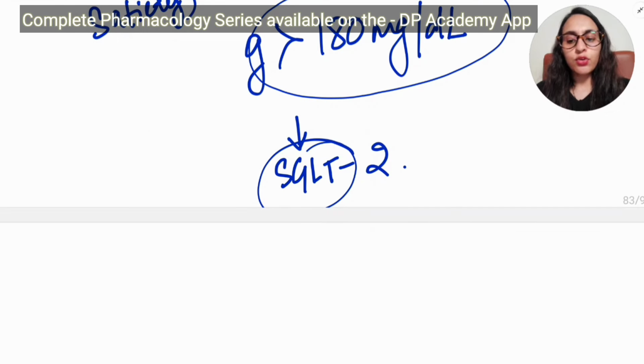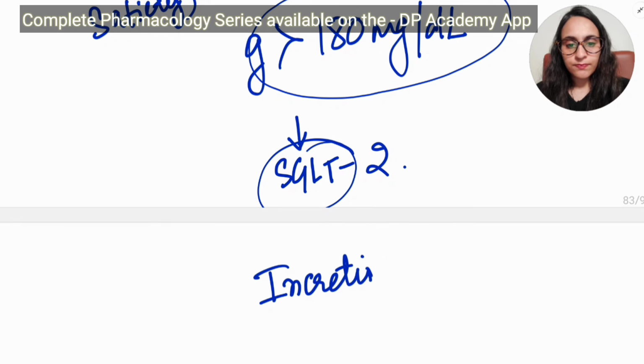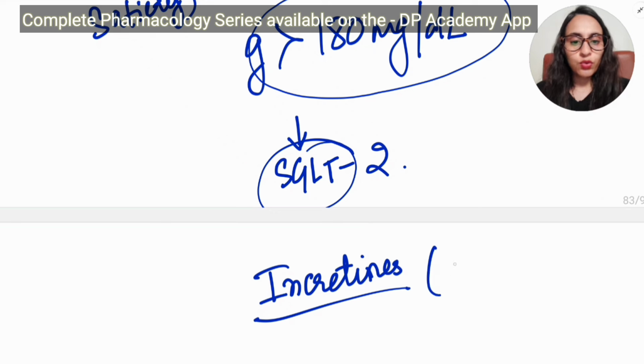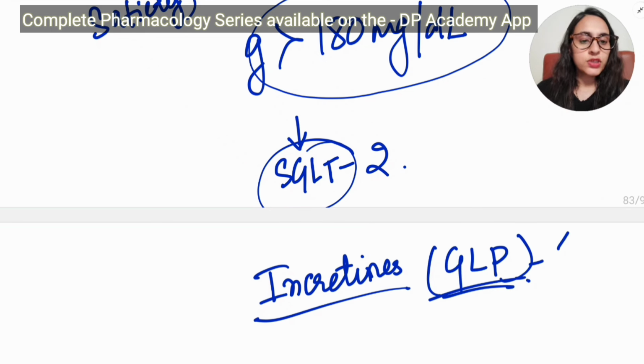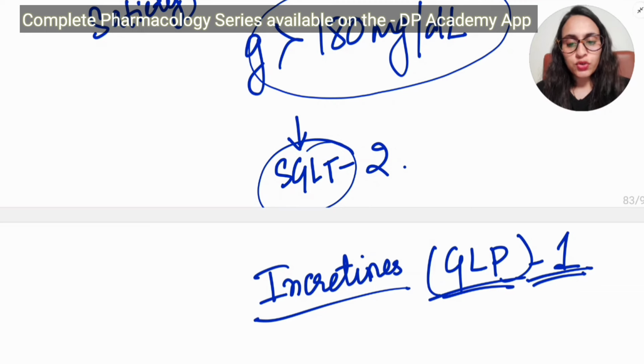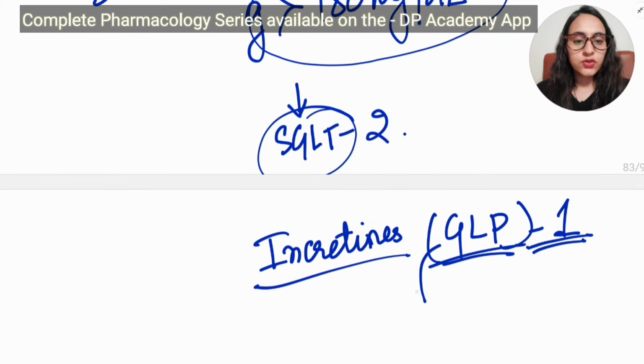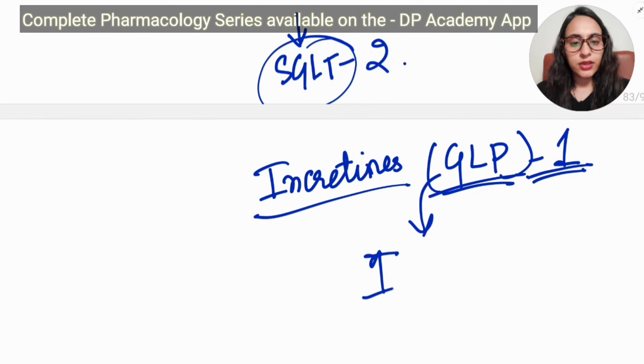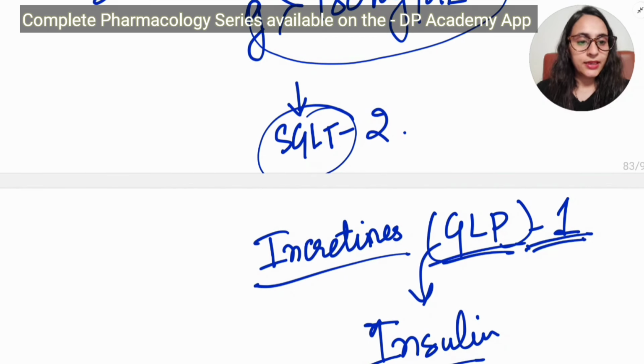If the glucose is taken orally, it releases incretins, which are glucagon-like peptides, GLP-1. This release causes an increase in insulin, and GLP-1 stimulates satiety. It also decreases the glucagon level and slows down gastric emptying.